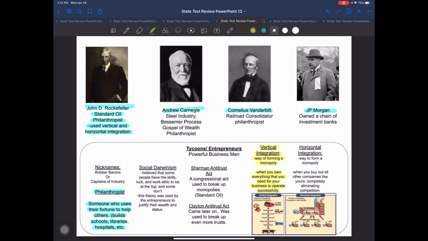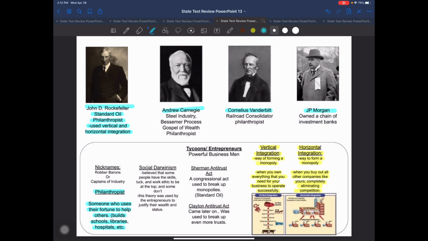So anything he needed, any process, whether it was transportation, mines, or anything like that, that he needed to make his finished product, he owned all of those processes. Now, what horizontal integration is, another way of forming a monopoly, is when you buy out other companies that are just like yours, and you do this and you eliminate your competition. And again, that's where we get that word monopoly from.